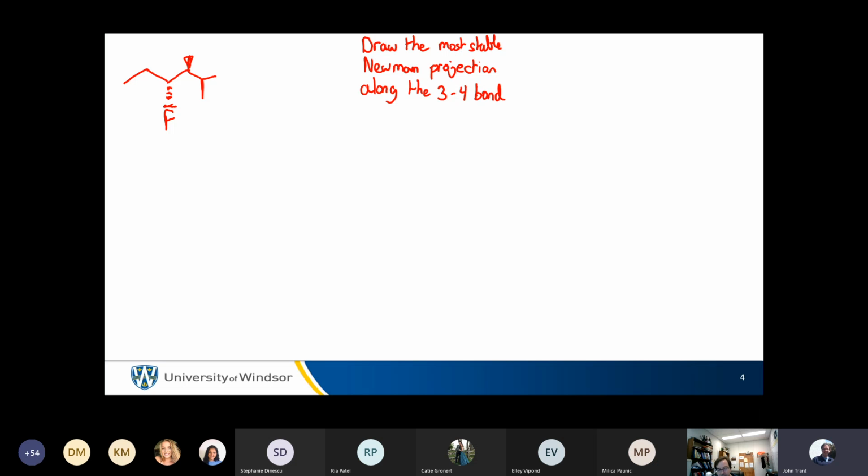I'd phrase this a little bit more carefully. I'd probably say, draw the most stable conformation as a Newman projection along the 3,4 bond.